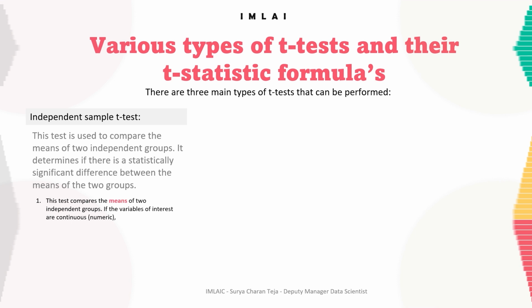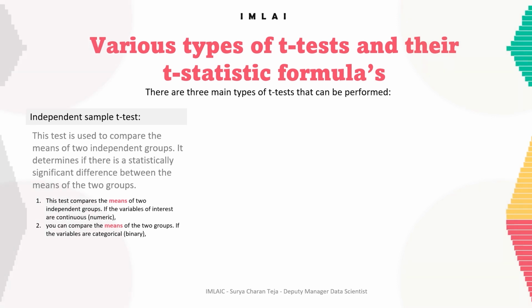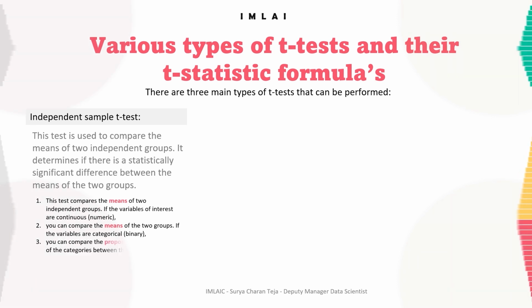Out of that, the first one is that this test compares the means of two independent groups if the variables of interest are continuous. Okay, and you can compare the means of the two groups if the variables are categorical, mainly binary. Okay, it's not exactly, but mainly binary.